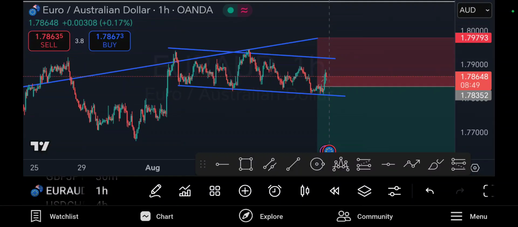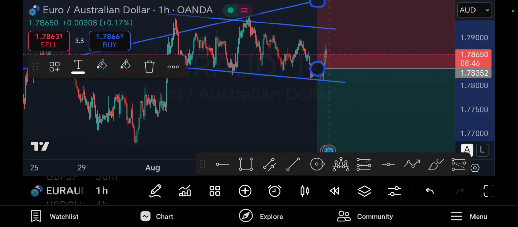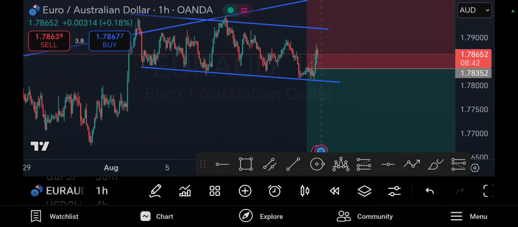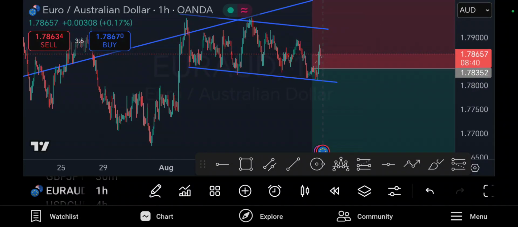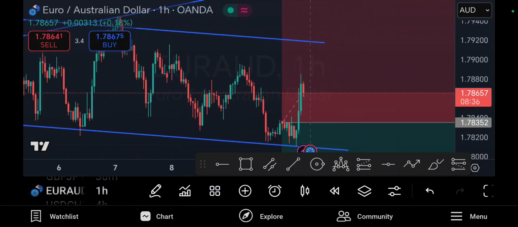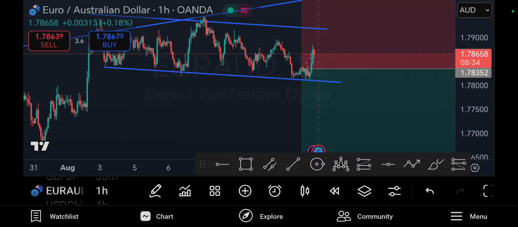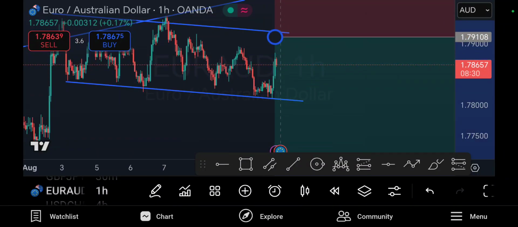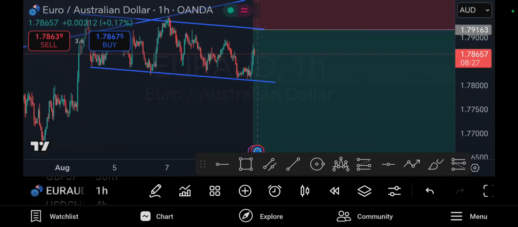So that's why I've placed the stop loss where I've placed it. But yeah, you get the point. And that's about it. Euro AUD, that's what we have. Okay, maybe we can have this here. Okay, that's much safer.